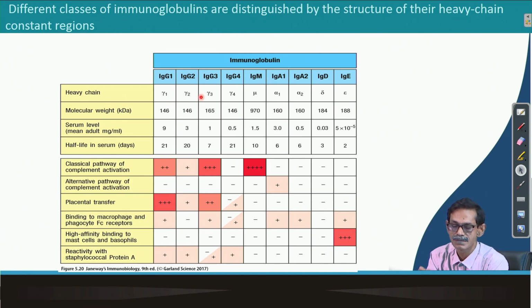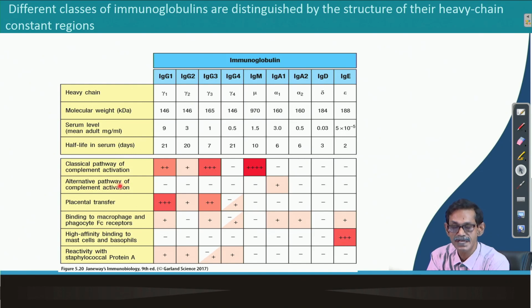The best performer of this activation is IgM, you see 4 plus, and the number of plus indicates how good it is, and negative means it does not take part in complement activation. You can see only IgM and 3 of the IgG are mostly involved. IgM is the best player and IgG2 is the least efficient player.